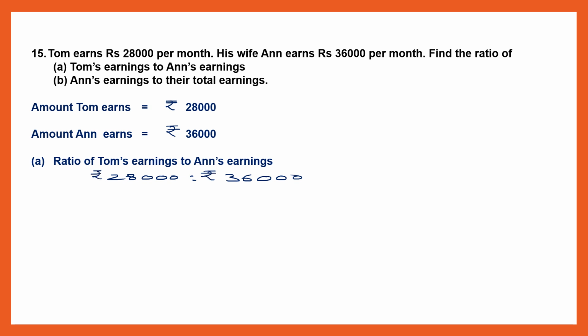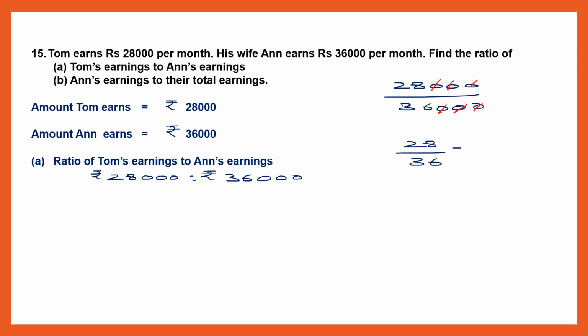Now we have to reduce this to the lowest term. First step is we write it in the form of fractions. So here we have 28,000 and 36,000. Then we can cancel and reduce. There are 3 zeros on top and 3 zeros down. So now I only have 28 by 36.